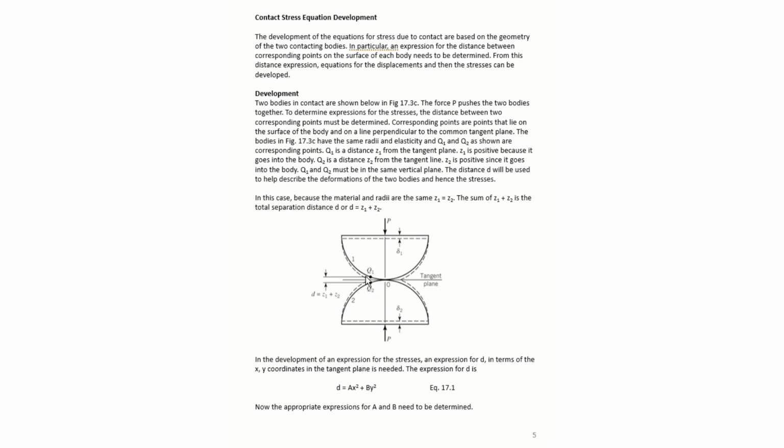And if you take this distance d for points Q1 and Q2 around the whole body, around in this direction like this, you can write an expression for d as d equals ax squared plus by squared, where x and y are the coordinates around the z-axis, and a and b are coefficients that we need to now determine so that we can come up with an expression for d.